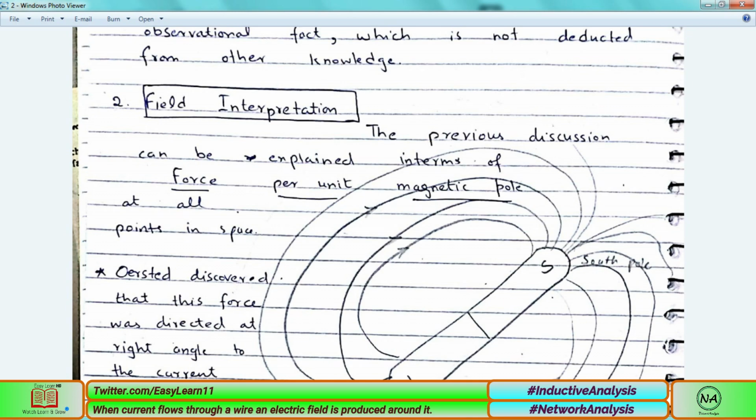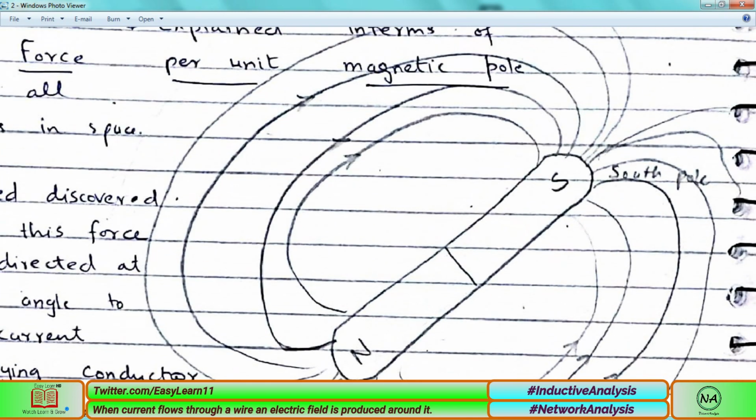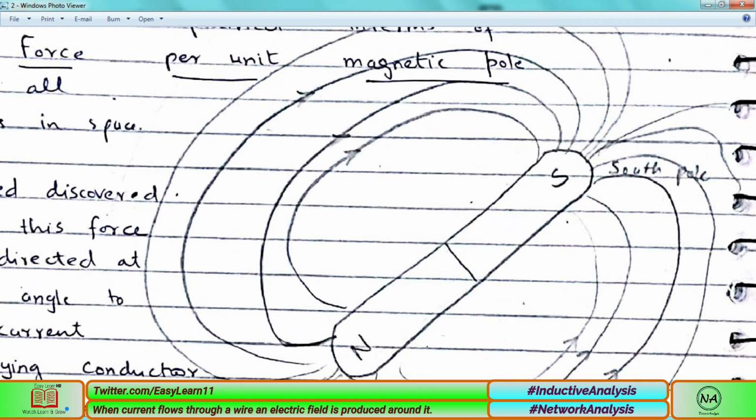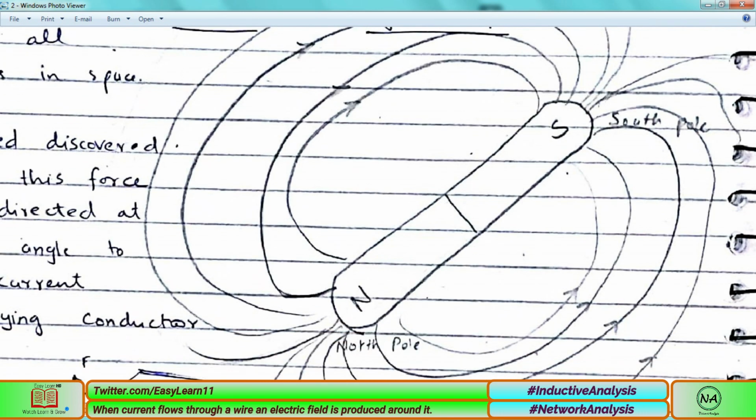First we need to discuss that we have north and south pole magnets, a bar magnet. The magnetic field lines, for conceptual purposes only, can be drawn, and these are very useful because we can enhance our explanation and understanding skills if we draw these magnetic field lines.